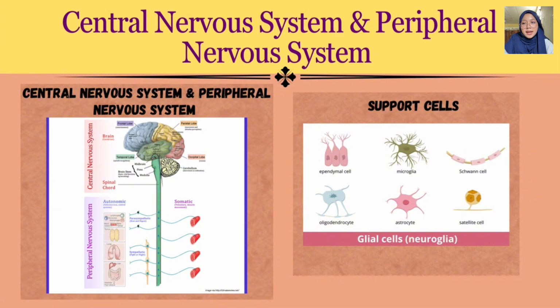In the PNS, the main glial cells are Schwann cells, which have the same function as the oligodendrocytes in the CNS, helping to form the myelin sheath around peripheral axons. And also in the PNS, the other glial cell is the satellite cells that help to support and regulate the environment of neuron cell bodies in ganglia.